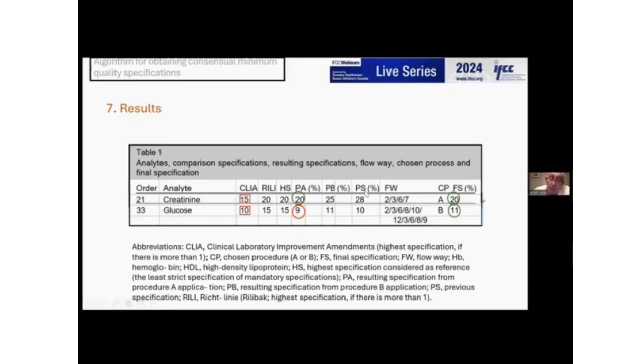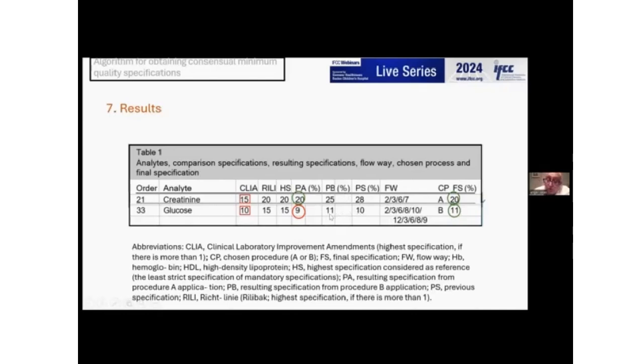In this case, it is 15 and 20 is higher. The path that creatinine has followed in the flow diagram indicates that it ends up being process A. In this case, I should also mention that there was a previous value of 28, but since it is very discrepant, we stick with the value of the last study, which is 20.